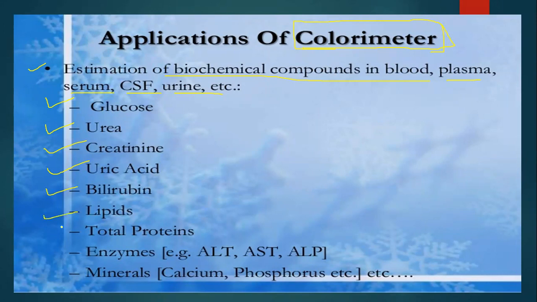Lipids are there. Then total protein content can be found out with the help of this colorimeter technique. Enzymes can be studied using the colorimeter, and at the end minerals, like calcium, phosphorus, and a few more. These elements can be studied with the help of the colorimeter.